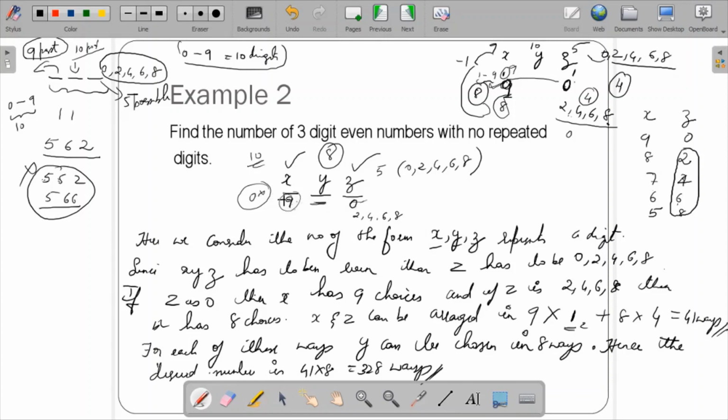One position is already occupied, so remove that position. So what is left out? 8 possible ways. In those 8 possible ways, this can end with these many numbers. So it is 8 into 4. So 9 into 1 possible, and 8 into 4. That's what I have written, and why I wrote 8 ways. So this is regarding example 2.